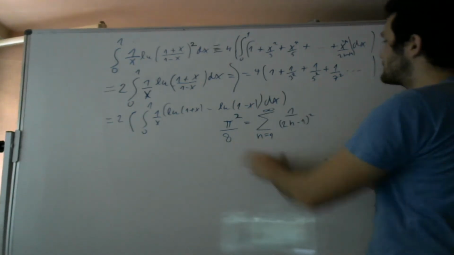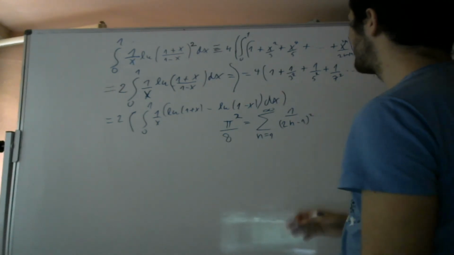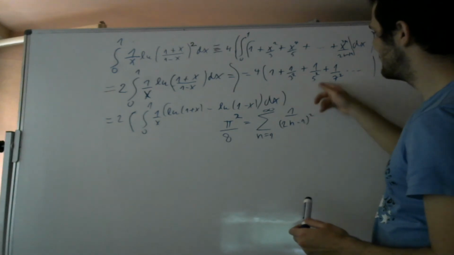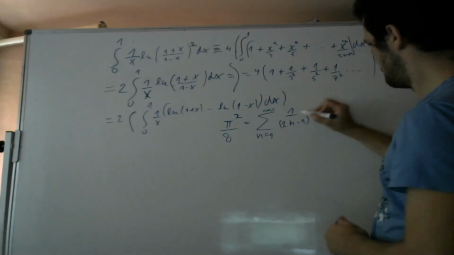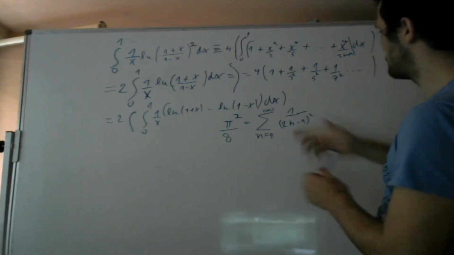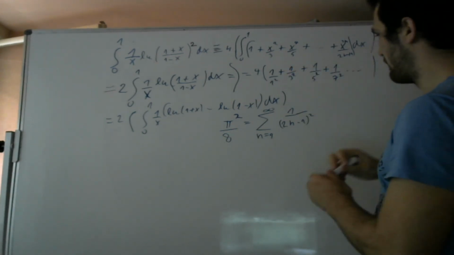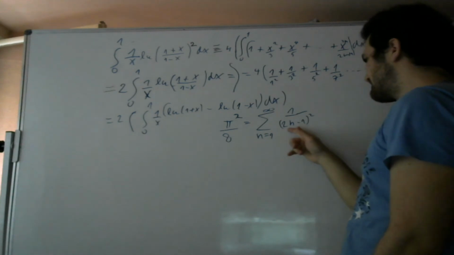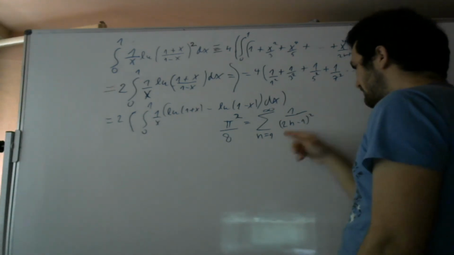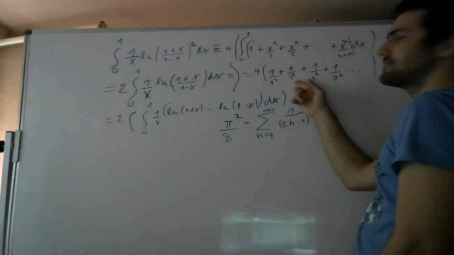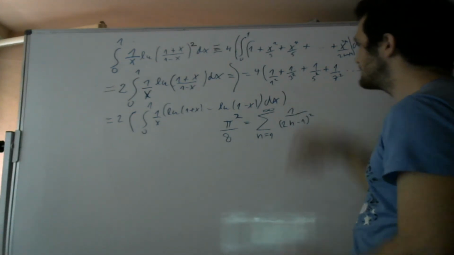You can plug in the numbers: for n equals 1, we get 1 squared. For n equals 2, we get 4 minus 1, that's 3 squared. You can see it follows.